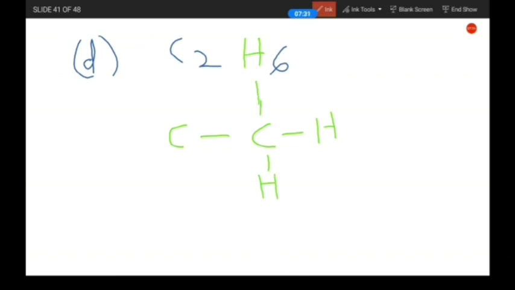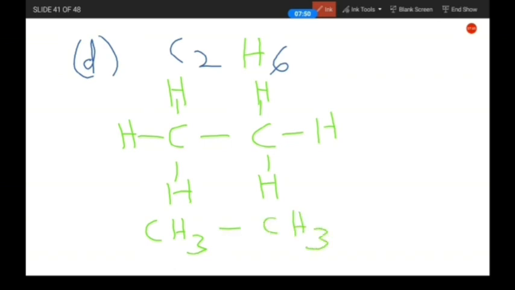So we have this all together. We have this. We have this. So this is a typical structure of ethane. It can also be written as CH3, then we have CH3. So this is the structure of the gas obtained from our calculation.